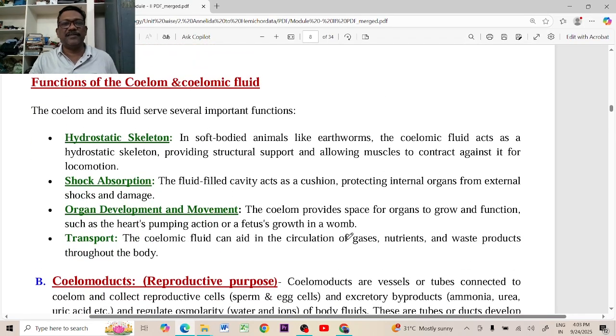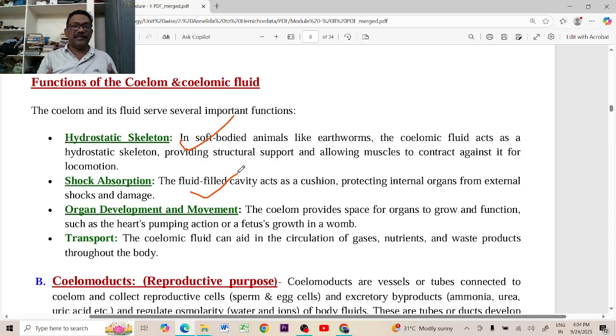So what are the functions of the coelom? Hydrostatic skeleton: for example, in earthworm, along with the circular and longitudinal muscles, the coelomic fluid provides a hydrostatic skeleton and can be used to locomote the organism. Shock absorption: in all the higher order organisms, including our body, the coelomic fluid protects our internal organs, heart, kidney, stomach, liver, from external shocks.